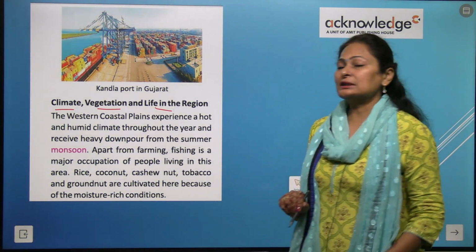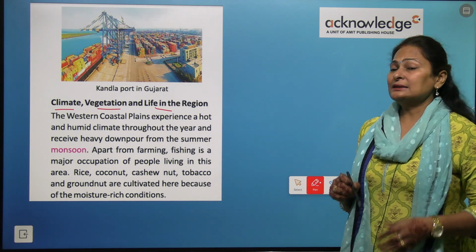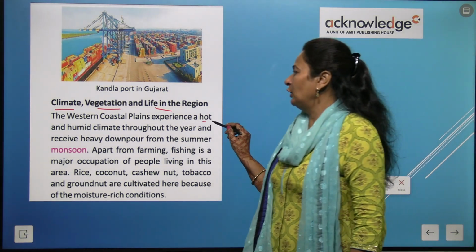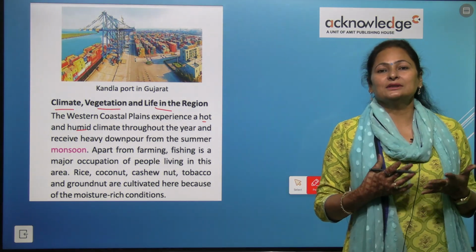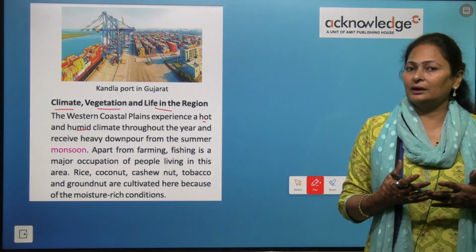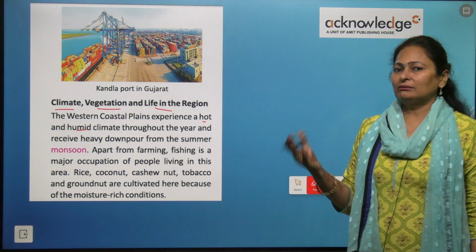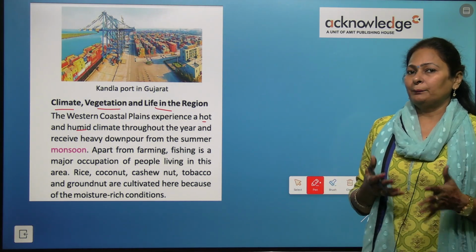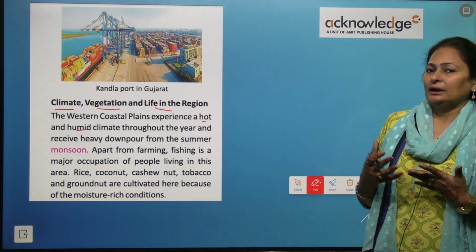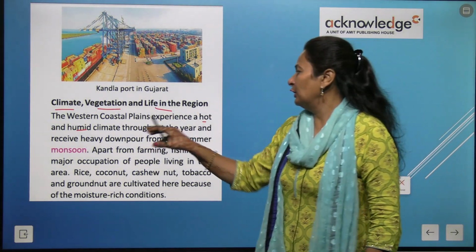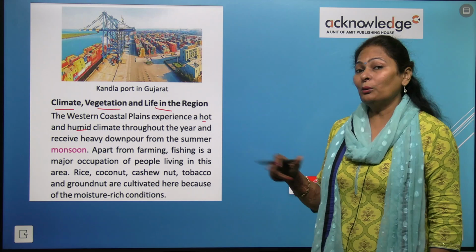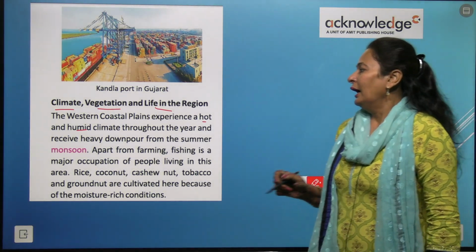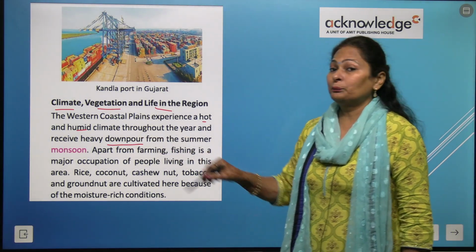The western coastal plains experience a hot and humid climate. Humid means what, kids? Means the presence of water vapor in the air, right? So because of the presence of water vapor, the climate is humid. They face a hot and humid climate throughout the year and receive heavy downpour.